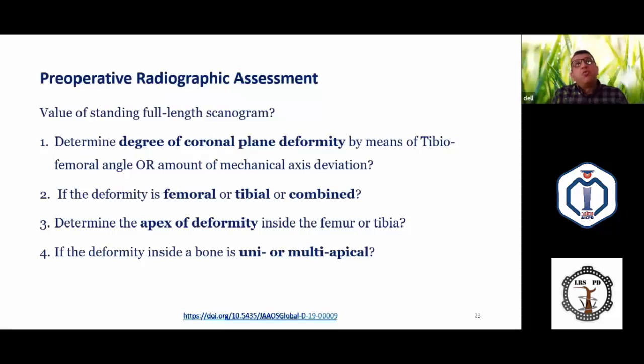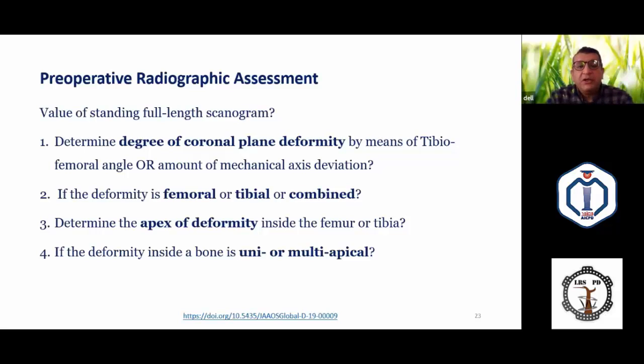In other words, what information can we extract from these scanograms that may be of value in decision-making or treating these patients? We can extract 3 or 4 basic points.